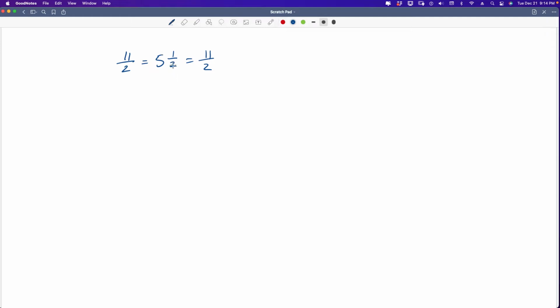In algebra, we don't do that. In algebra, we prefer improper fractions versus mixed numbers. I don't want to see a mixed number in your work anywhere, ever. That is incorrect in algebra. The other thing that is incorrect in algebra that you don't want to do, I don't ever want to see that.